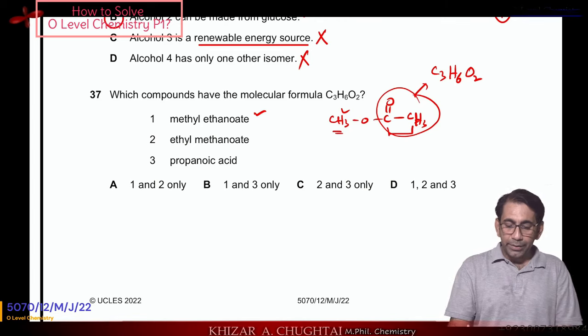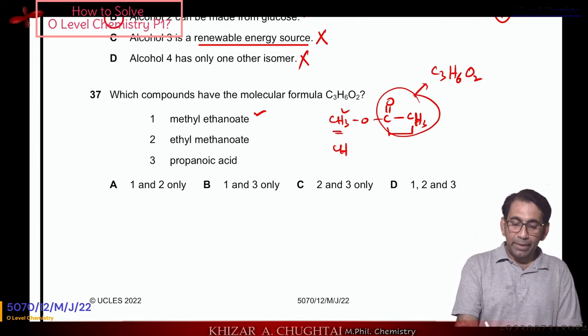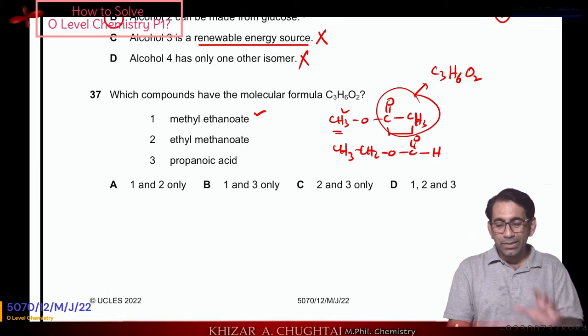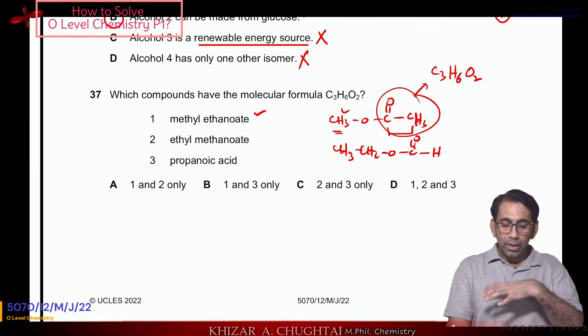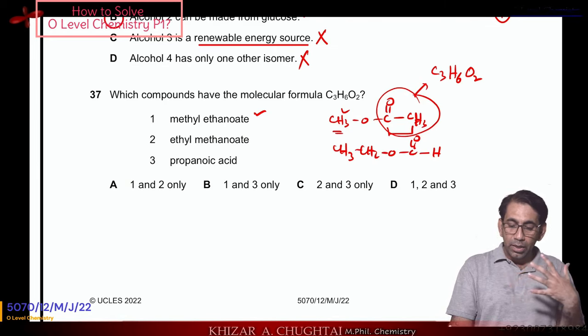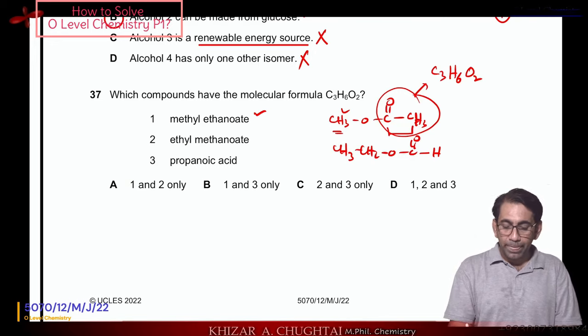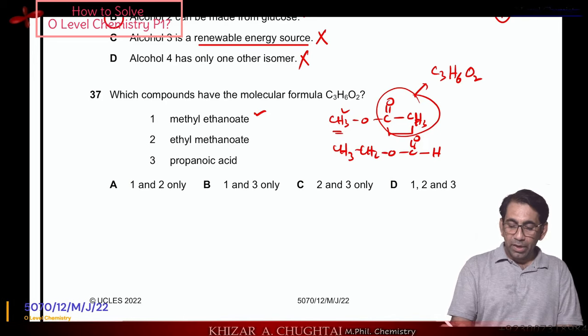Ethyl methanoate. It's the formula of ethyl methanoate. CH3, CH2, O, C double bond O, and here is the H. Yes, it's ethyl methanoate. So what is the number of carbon atoms?